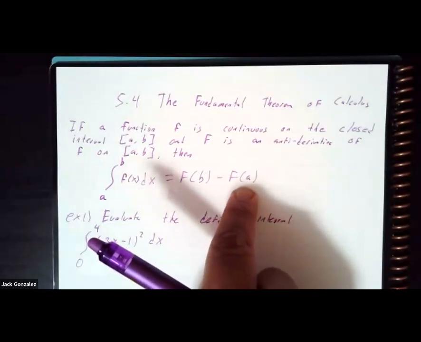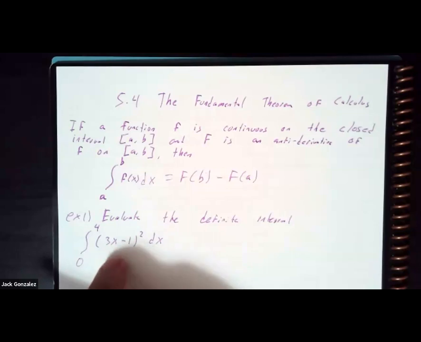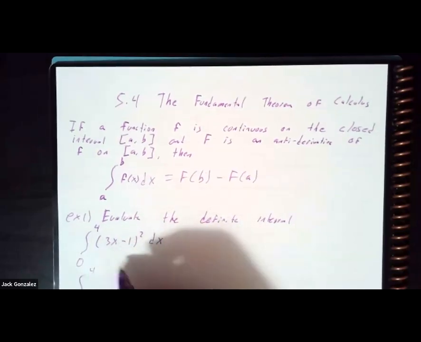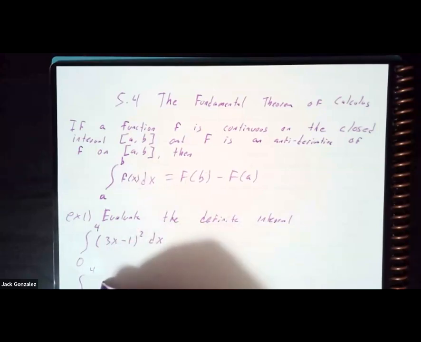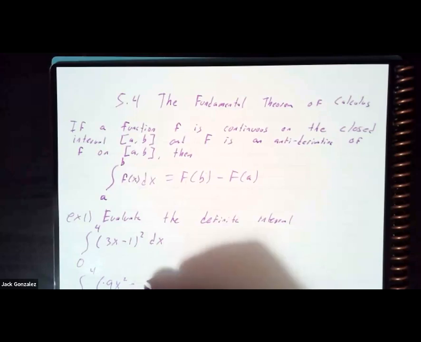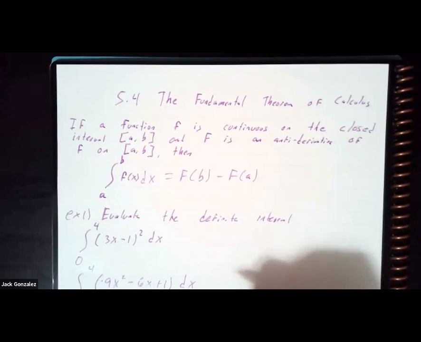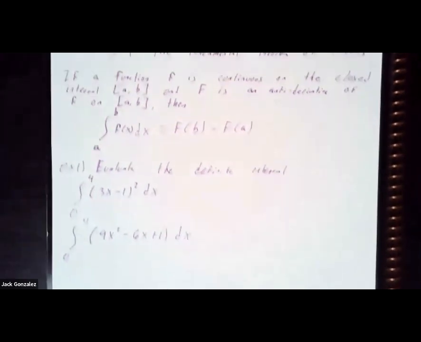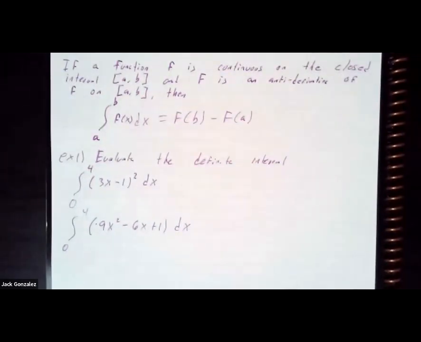The only issue is we should probably square this first so we can deal with it more easily. Squaring this would give us 9x squared minus 6x plus 1. Now, integrate.